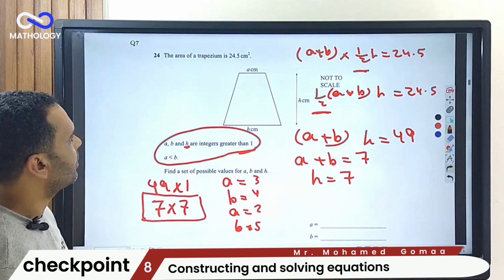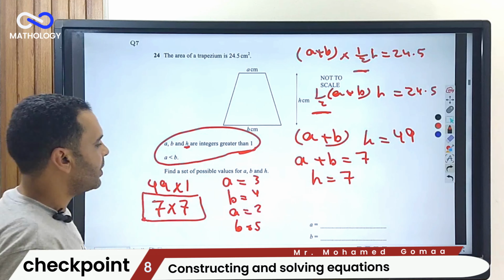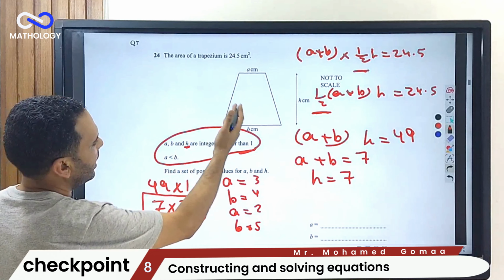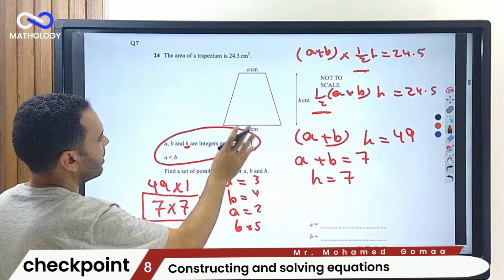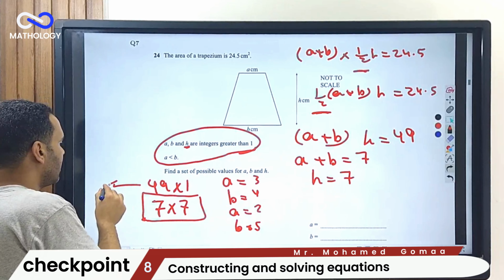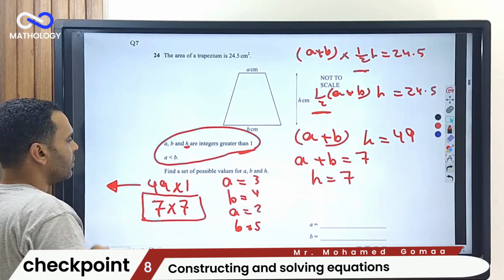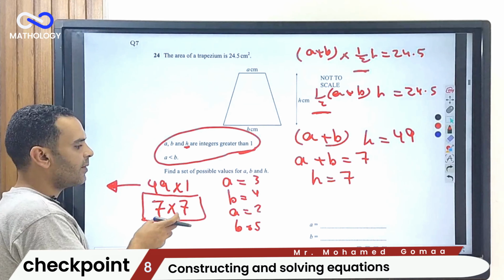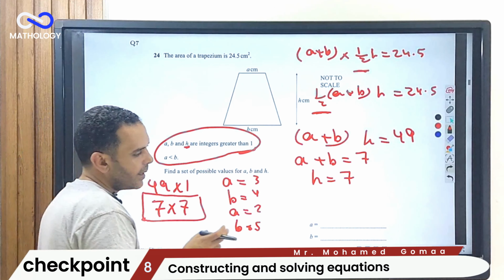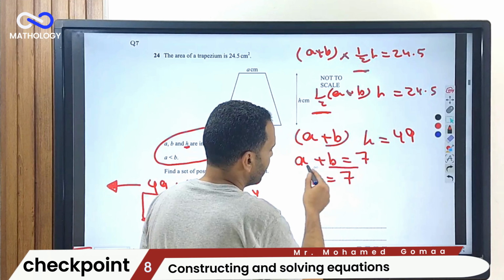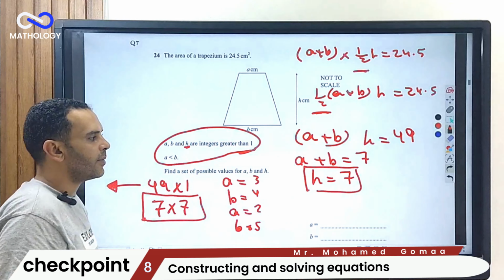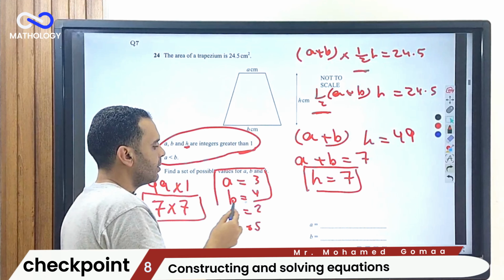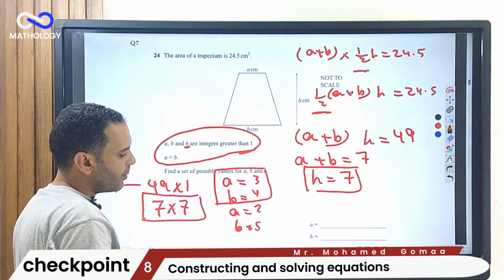He said that a is smaller than b: 3 and 4, 2 and 5, 1 and 6. A may be 1, but A, B, and H are integers greater than 1, all of them greater than 1, so we refuse this one and work with 7 multiplied by 7. We can say H equals 7 and A plus B equals 7, and A is smaller than B. So A may be 3 and B equals 4, A equals 2 and B equals 5.